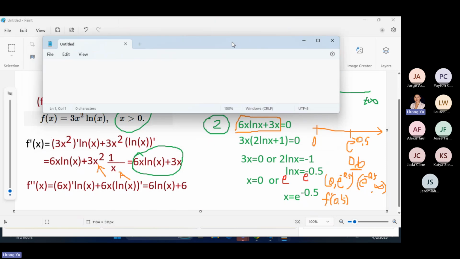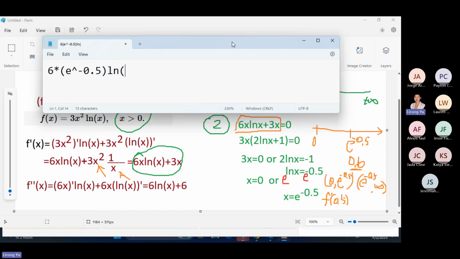So the first derivative again: 6x natural log of x plus 3x. Oh, it's not 0.5, it was supposed to be positive, e to the negative 0.5.